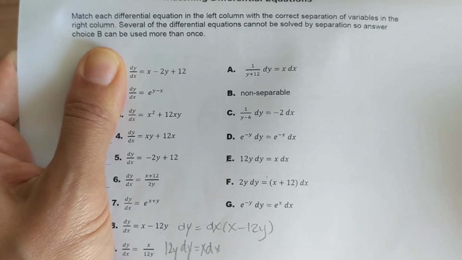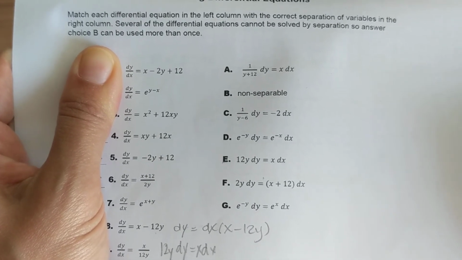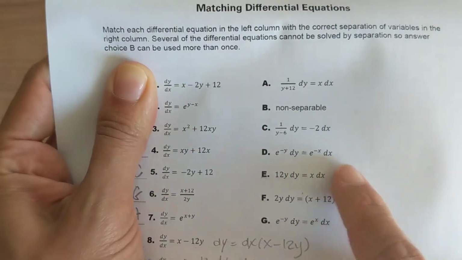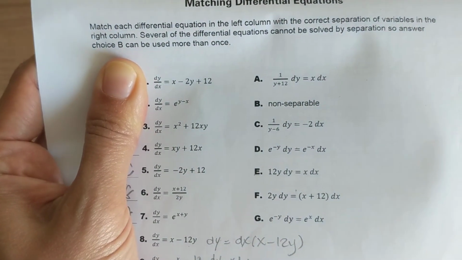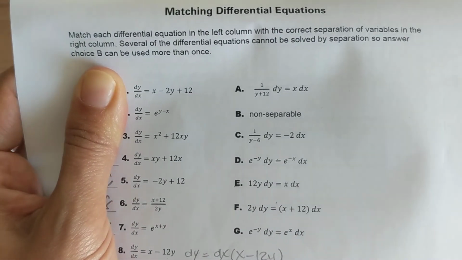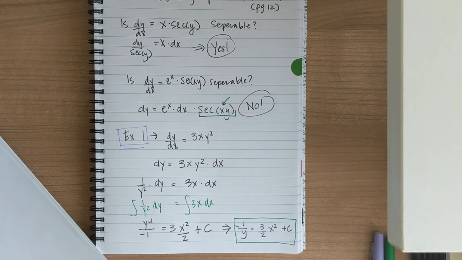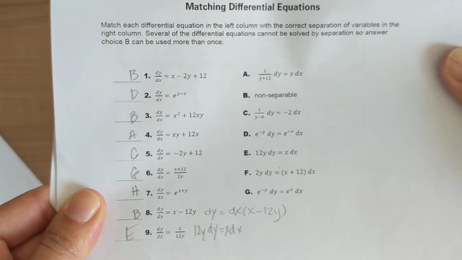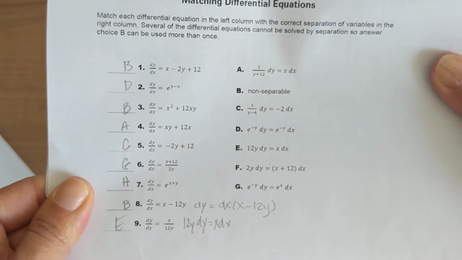I want you to pause the video right now and match the solutions with the differential equations. Then when you have that done, unpause the video and you can check the solutions. Go ahead and pause, and I'm going to put the solutions up. All right, and here are the solutions once you've tried it, okay? So you can check through that.